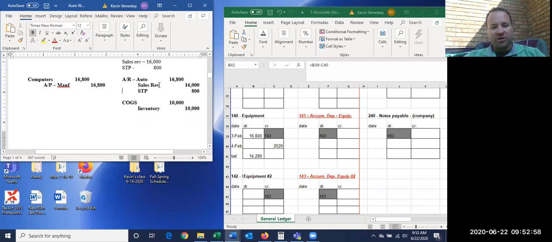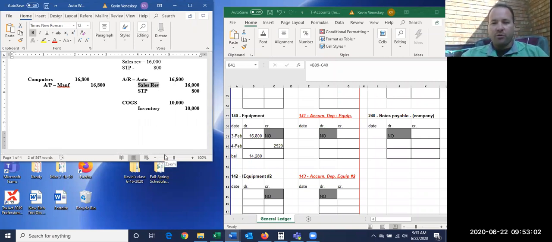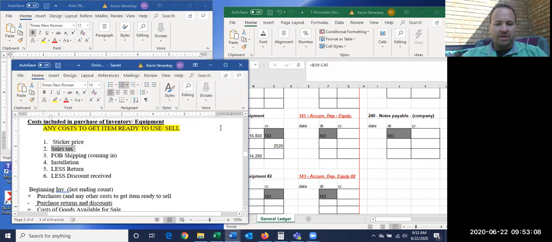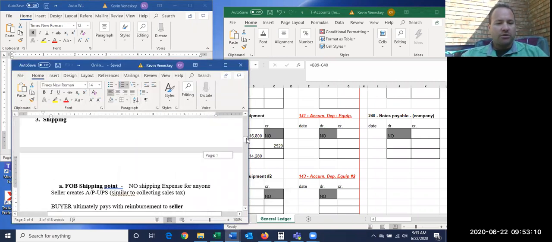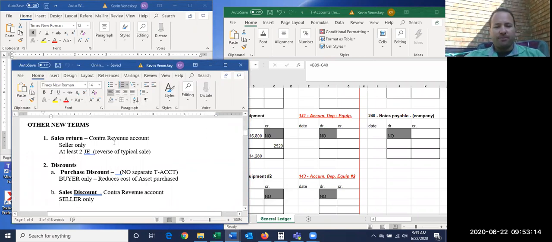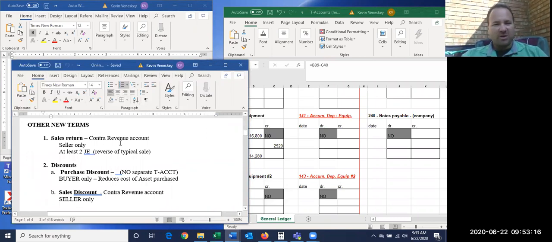And the only thing that changes is this account. Instead of calling it sales revenue, we call it the new account called sales return. That was in our notes, one of our new terminology that we needed to know. Sales return, it's a contra revenue account, so it's backwards. And whenever we do have a sales return, we're going to have at least two journal entries.